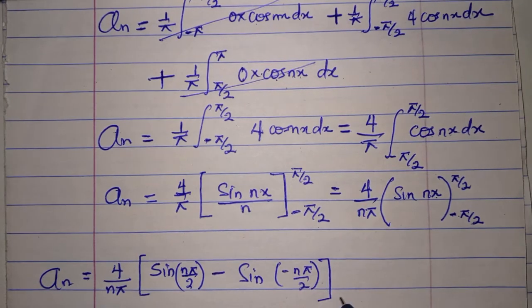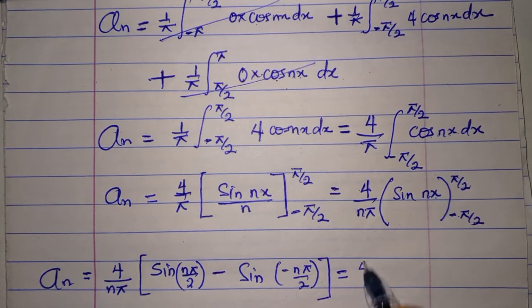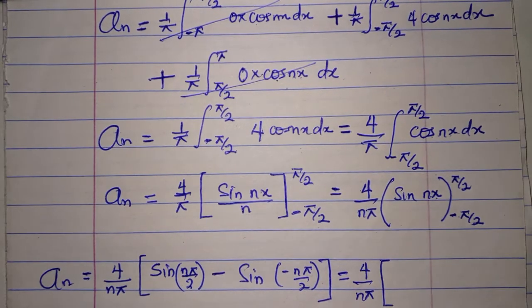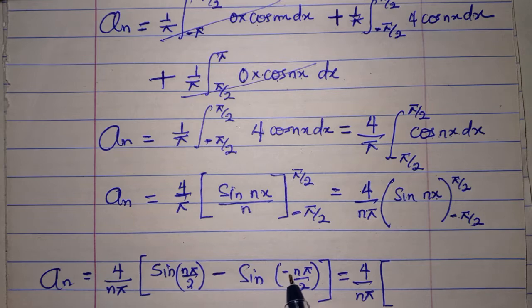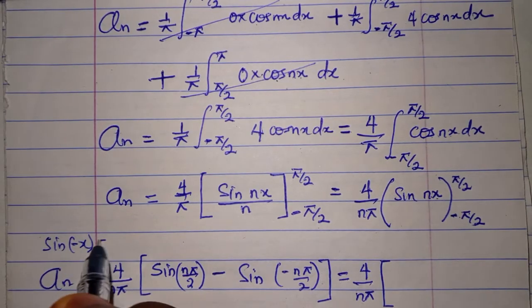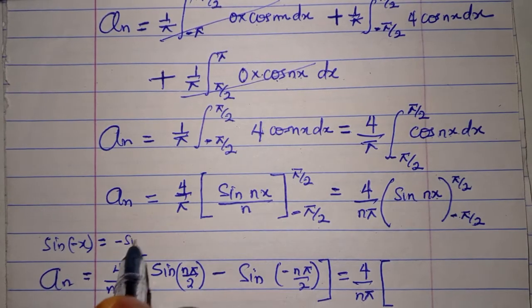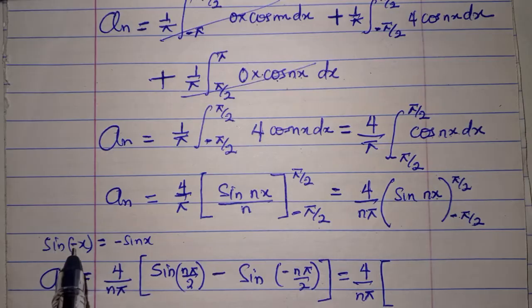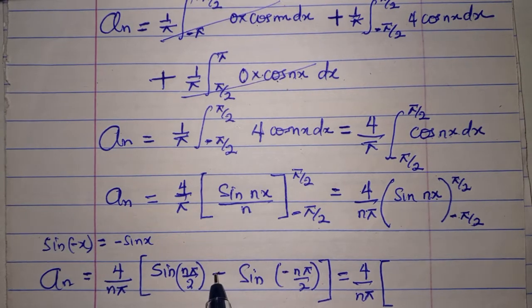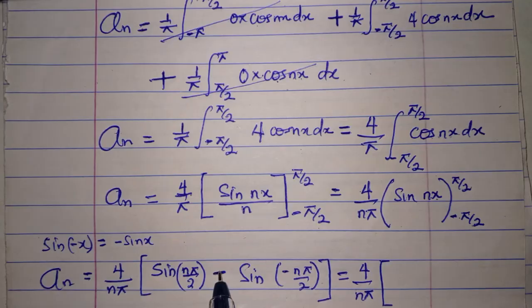So we'll have 4 over n pi in brackets, sine of minus x. Sine of minus x is equal to minus sine x. That is, the minus will come out, and it affects the other minus, so it becomes a plus.